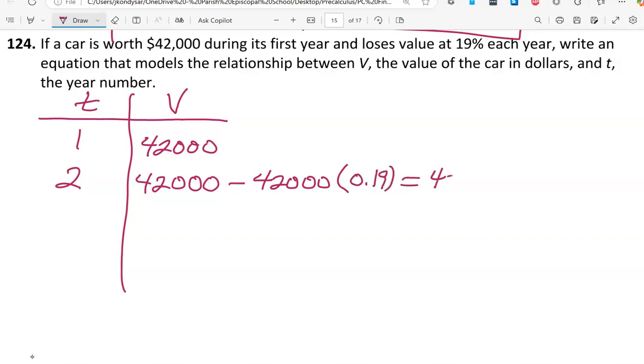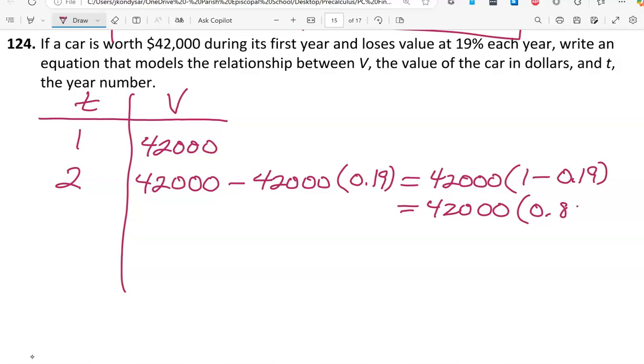And if we factor out the 42,000, that will give us 1 minus 0.19 in the parentheses, or 42,000 times 0.81. What this means is this is going to be a geometric sequence with a first term of 42,000 and a common ratio of 0.81.